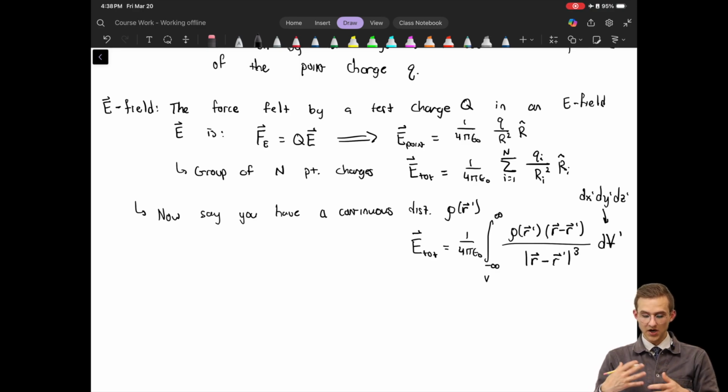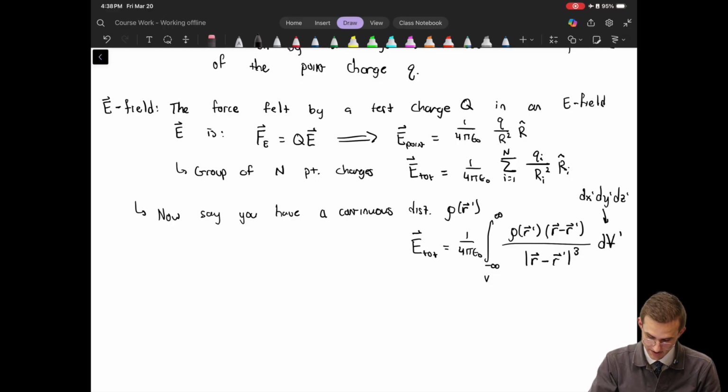So you've gone from a single point charge to the field produced by a continuous distribution of charge, some sort of volume charge density, and that's how you can get the total field.